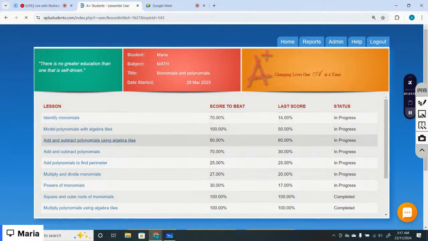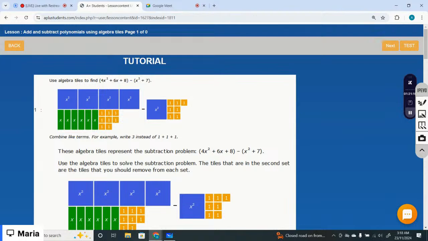The next lesson is add and subtract polynomials using algebra tiles. Use algebra tiles to find 4x square plus 6x plus 8 minus x square plus 7.